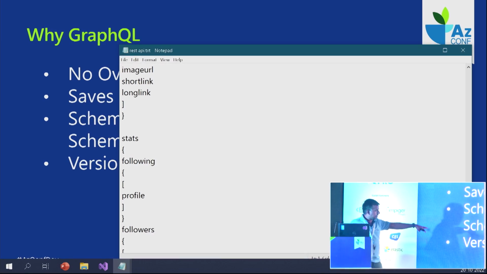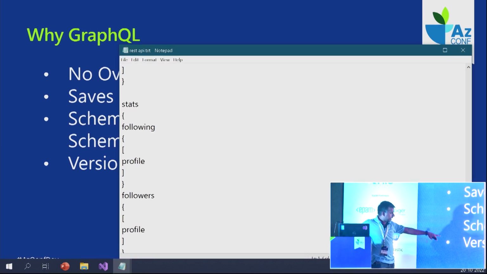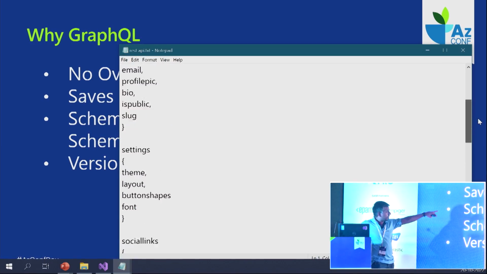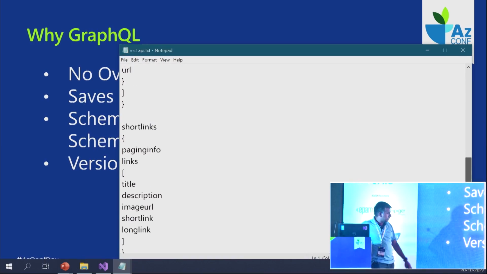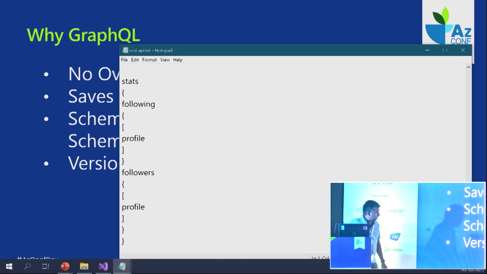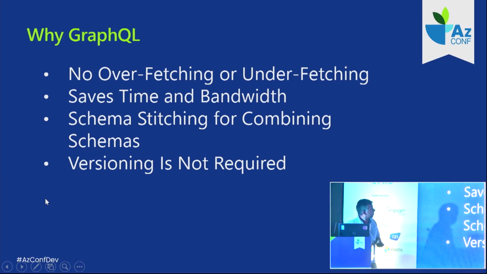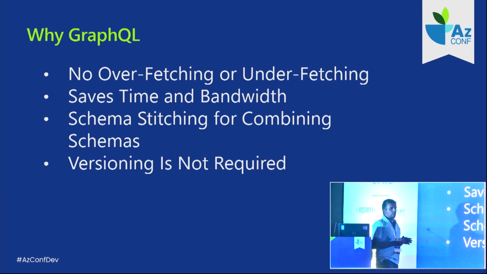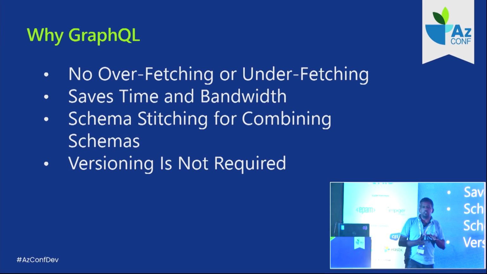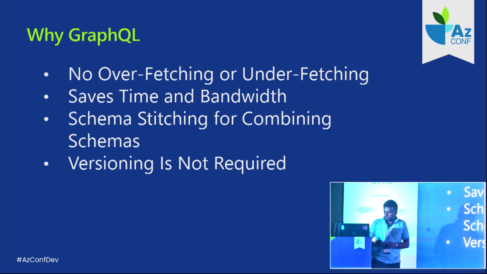And then following, which again returns a profile, an array of profiles like this. So, this is the RESTful way of implementation. In this approach, if you look into that, I am making at least 4 or 5 calls to get all that information.